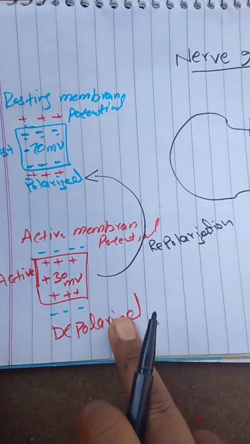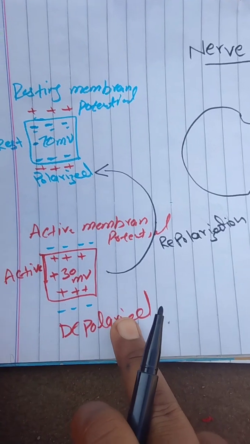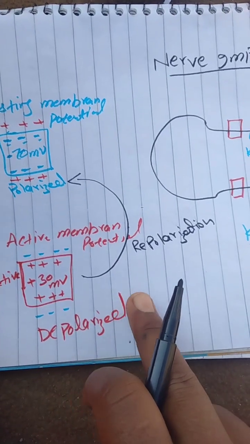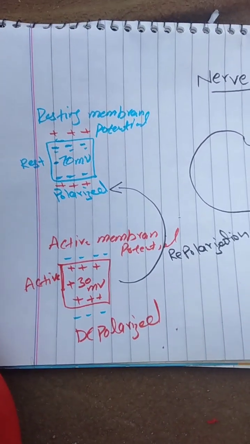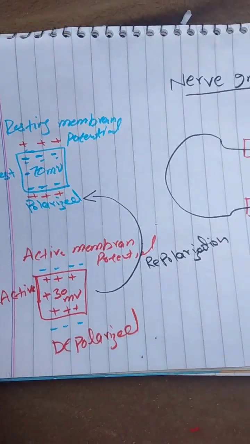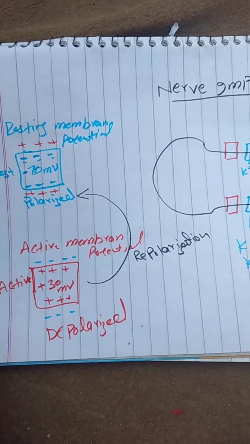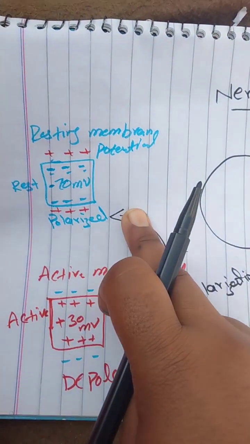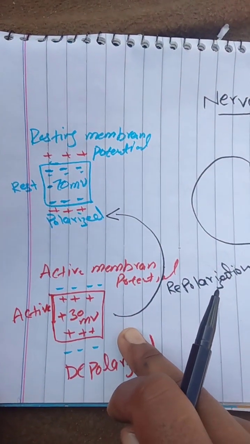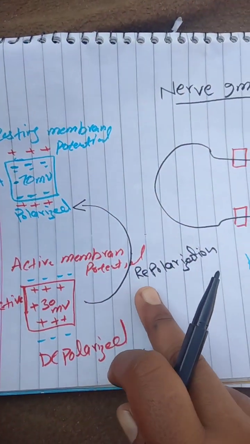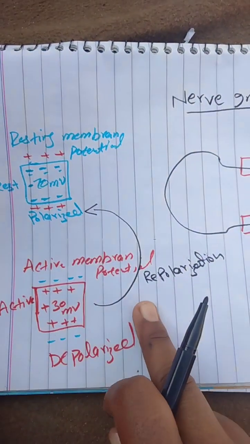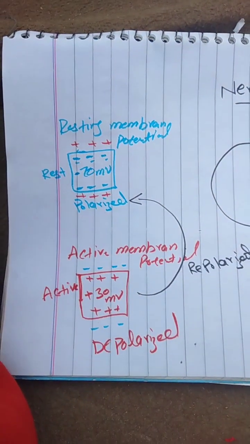The cell is now depolarized and generates the nerve impulse. In this condition we think, we move, we do our work, and the cell becomes polarized again, because after completing our work, the cell needs to rest through the process of repolarization. This is called repolarization.